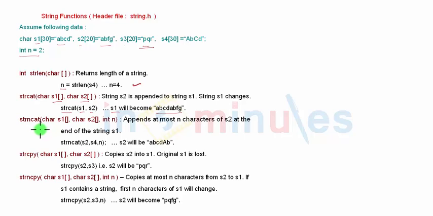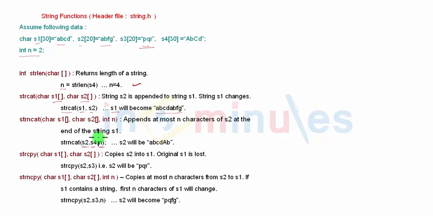strncat is used to append at most n characters of s2 at the end of the string s1. In this case we will run strncat(s2, s4, n). So append at most n characters of s4 at the end of s2. Now s2 is abfg, s4 is abcd, and n is 2.